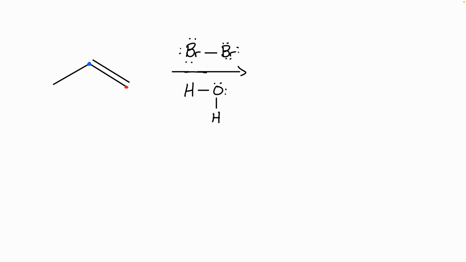That'll make your mechanism clearer. Again, that's the halohydrin. It's got a halogen on one carbon and a hydroxyl group on the other. Remember we said that these were Markovnikov to that hydroxyl group. So at least now I know what bonds I need to break and what bonds I'm trying to form.